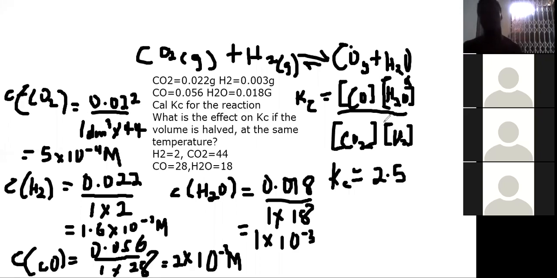The units of molar and mole per dm cube will cancel, so you get 2.5. So that is it.